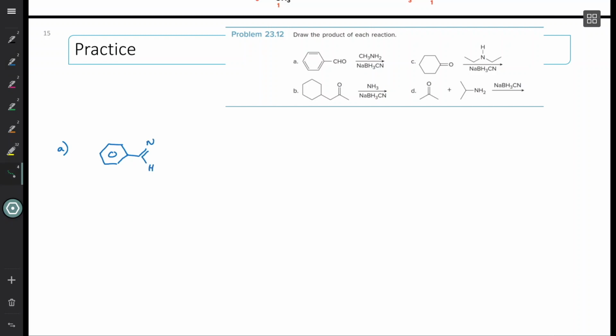And what is my amine? NH2 and then a CH3. So I definitely have CH3 here. And so this would be on my amine intermediate, and then with the reductive amination, that's the product.